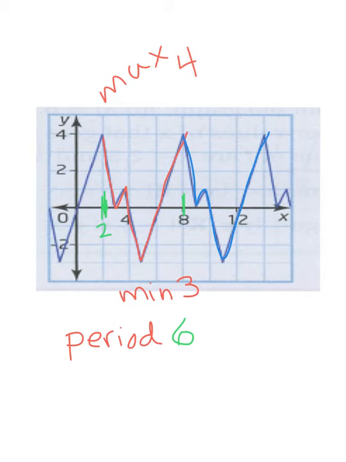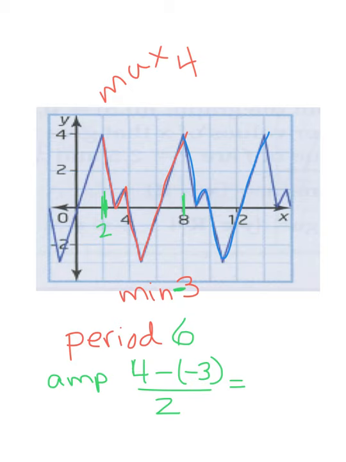We can figure out the amplitude by taking the maximum, whoops, my minimum I just noticed was -3. I made a mistake there. The amplitude is 4 minus -3, divided by 2.